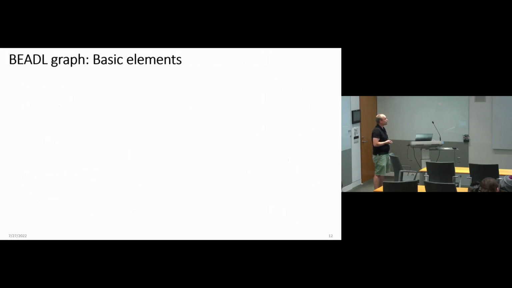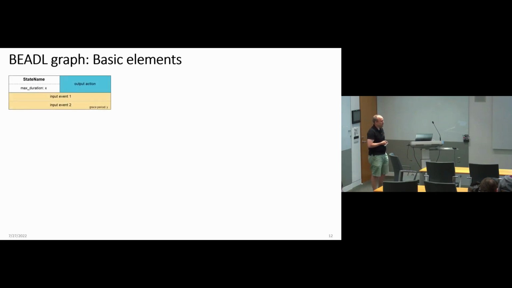Okay, that's the underlying concept of BEADL. And when we started with that, taking from a lab member's approach, how we can actually draw that, we started by grouping everything together. That's one state, and writing it into one block.